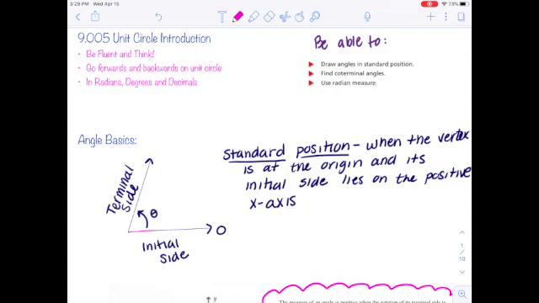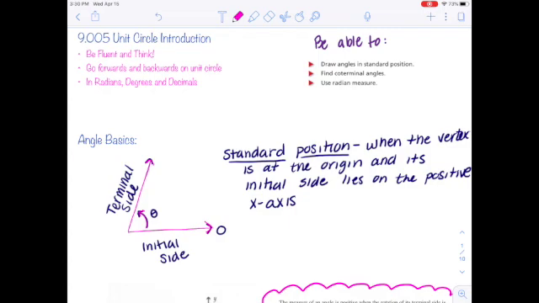We start off with an angle. You have a ray that we're going to call the initial side of your angle, and then this terminal side opens up to form the angle theta.